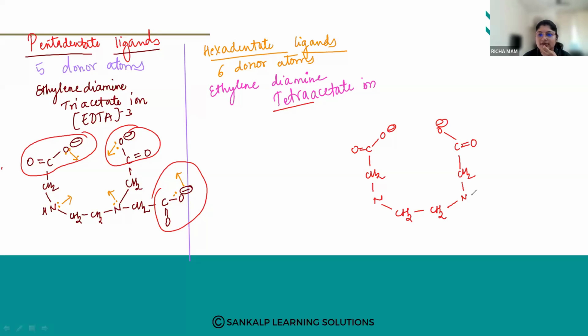Okay, like this. Then CH2, C double bond O, O minus, and CH2, C double bond O, O minus. Okay, so just see the sides. This is one, this is second, this is third, and fourth, fifth, and sixth. Got it?